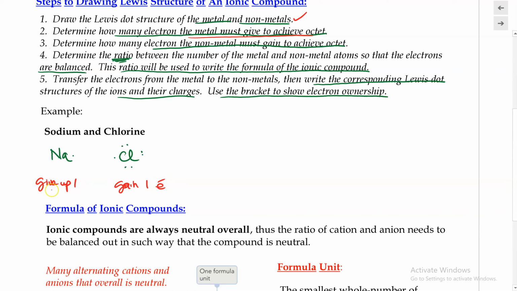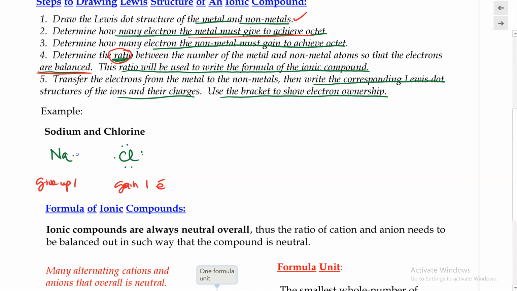Because sodium would like to give 1 and chlorine would like to gain 1, in a 1-to-1 ratio is how they can have a balanced amount of electrons. So when sodium and chlorine are interacting, they are interacting 1-on-1, because that's how the electrons will be balanced out.